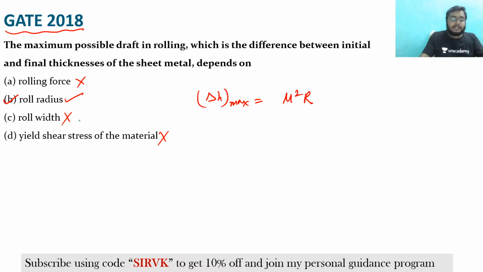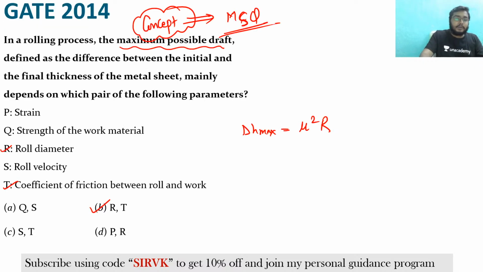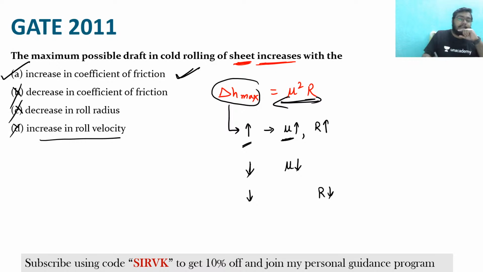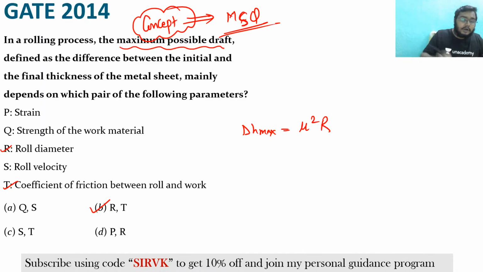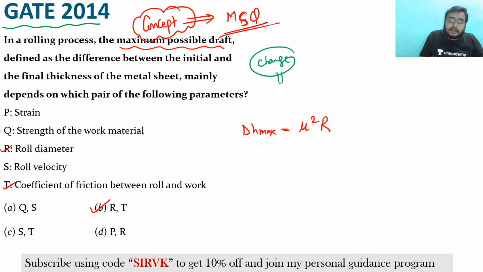See here. If you look very closely, the same concept appeared in GATE 2011, but again the same concept has been asked in GATE 2018 and GATE 2014. But the way of giving the question has changed. What is the change? The question has been reframed in a different way.